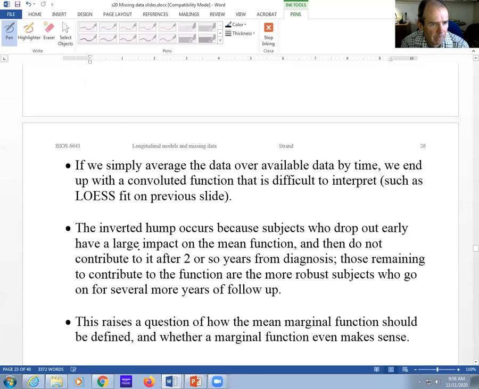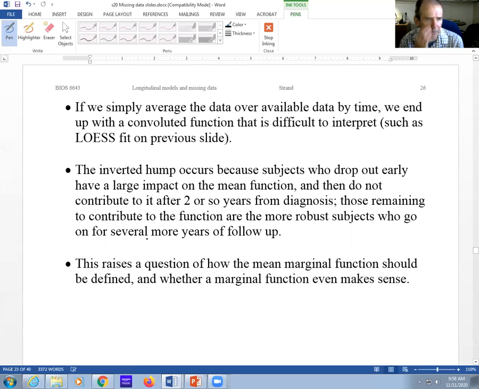So if we simply average the data over what we have, we end up with that convoluted function. And so we need to tease out what's going on and try to distinguish subjects by the amount of follow-up we had on them.